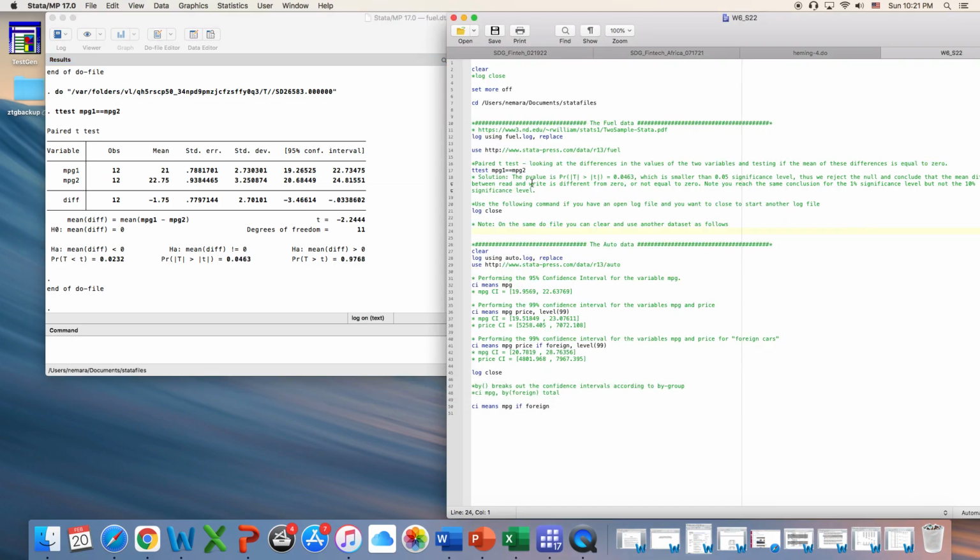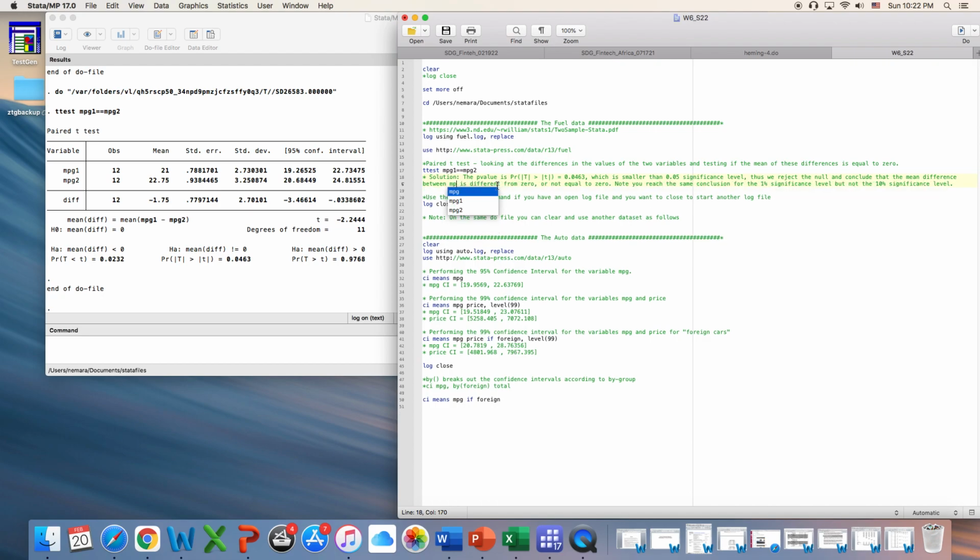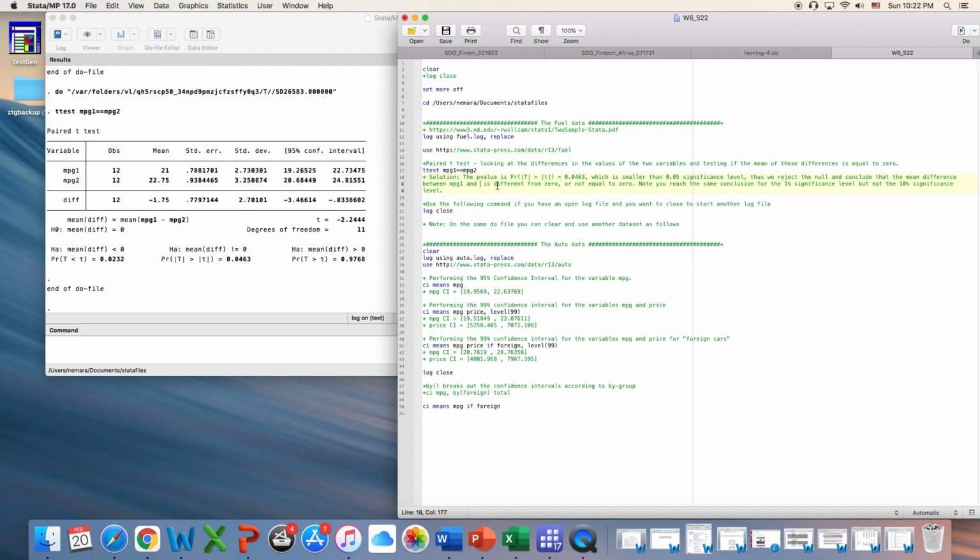So I'm writing here: the p-value, I'm talking about this one, is smaller than the 5% significance level, and thus we reject the null and conclude that the mean difference between MPG1 and MPG2 is different from 0, or not equal to 0.